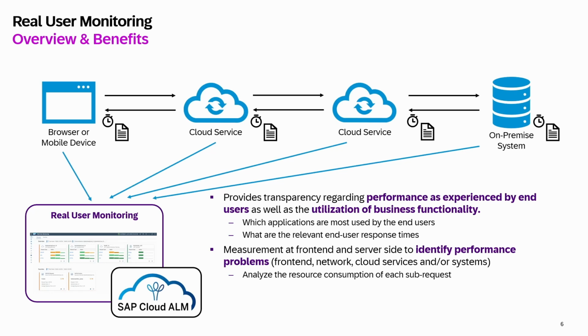These data are then sent to real user monitoring, where the user can display this, and then he sees which applications are most used, and also very important, what the response time is for the end user, not only measured in the backend system or in the cloud service, but from the device.